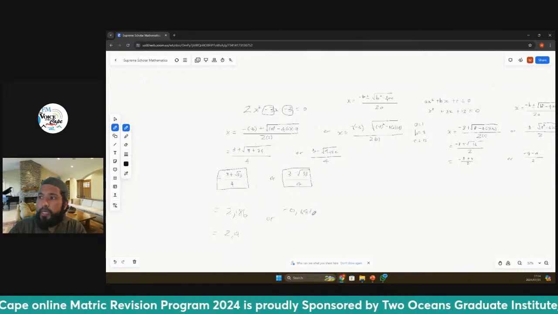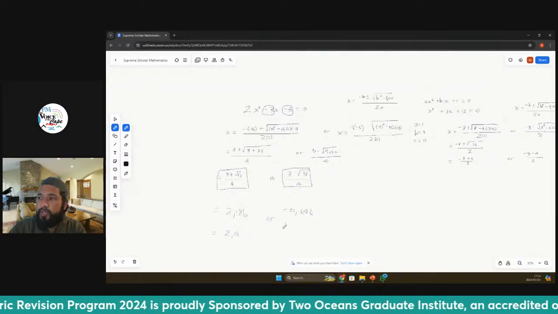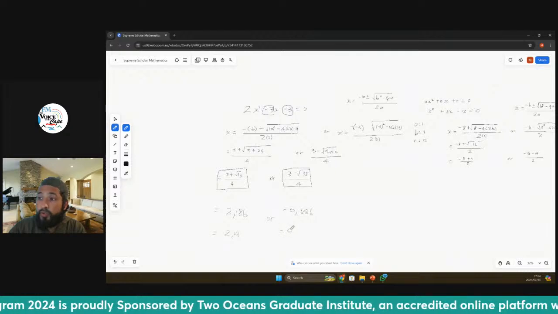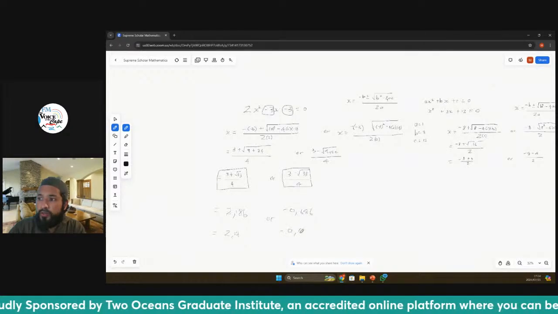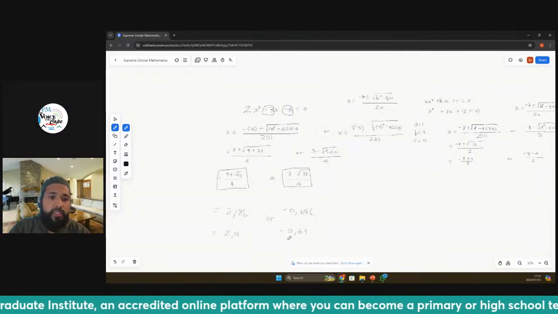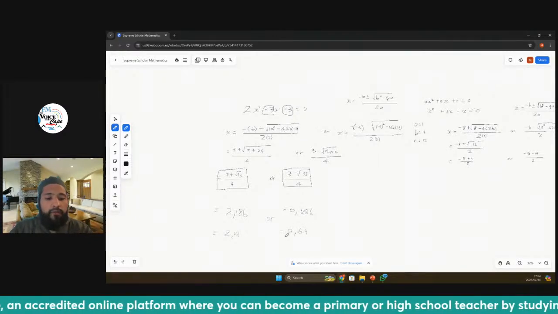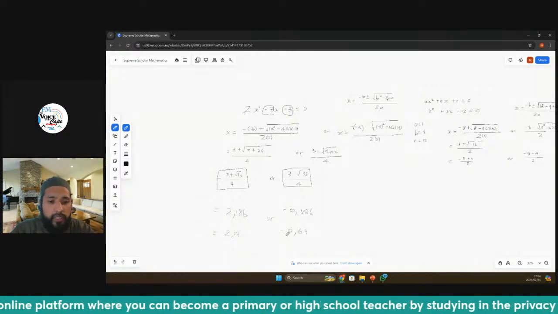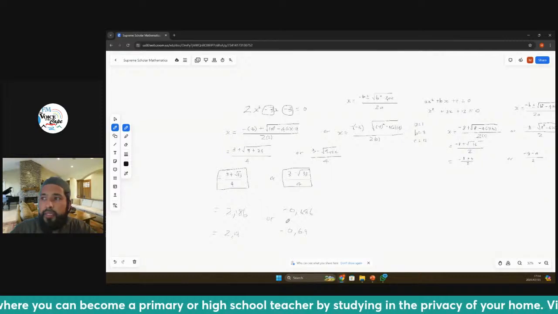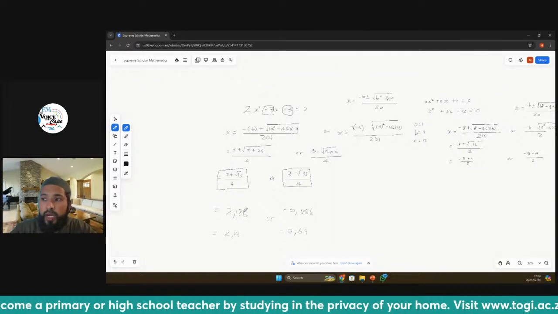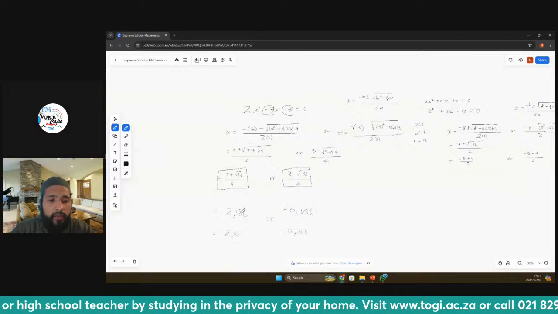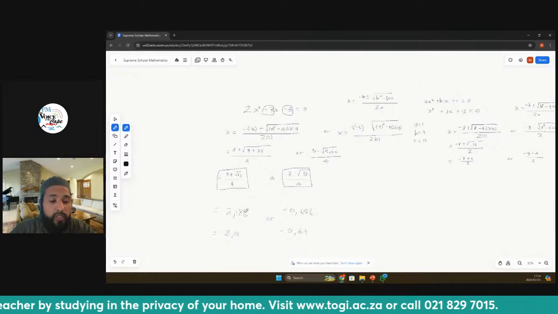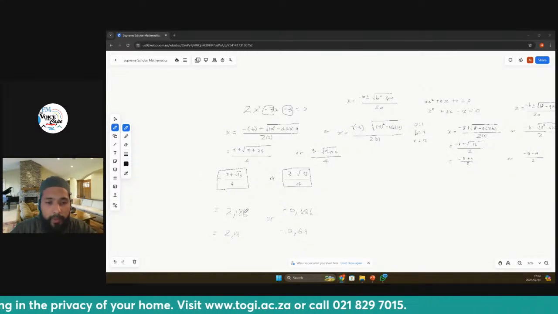And again the 6 is greater than 5, therefore the final answer to correct 2 decimal places would be negative 0,69. Okay. So that's just something that I had to mention from yesterday's lesson, that it is important to round off and correct your answer to 2 decimal places as was requested in the exam paper.